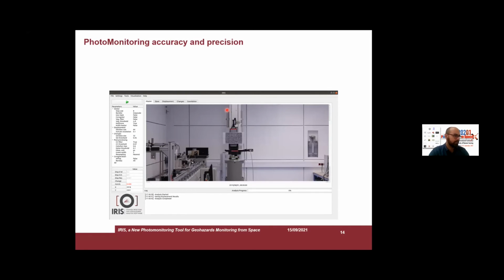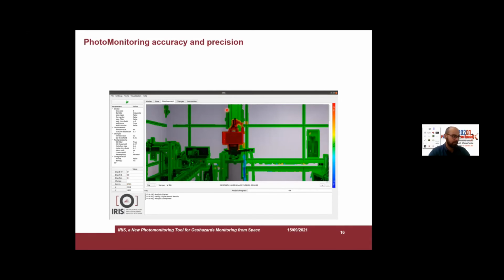Here there is the master image. This is the slave, so we cannot see any difference, but our tool was able to measure a displacement of about 1.2 millimeters with a precision of 0.4 pixel.